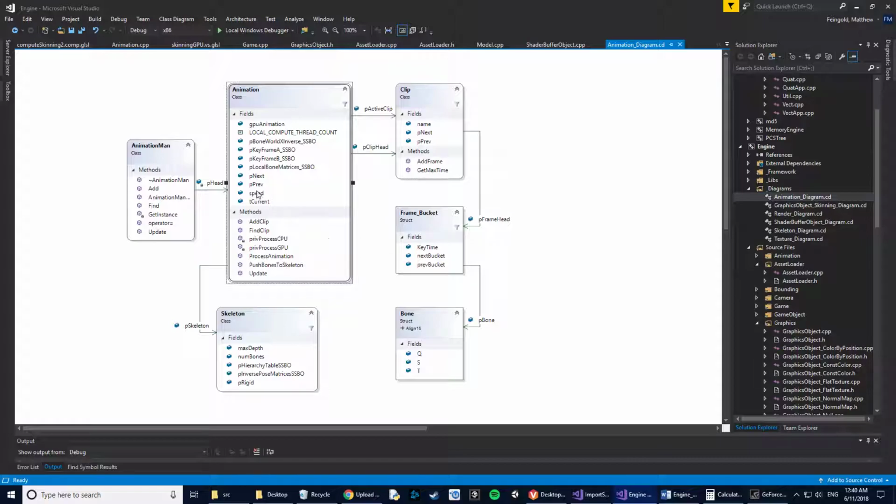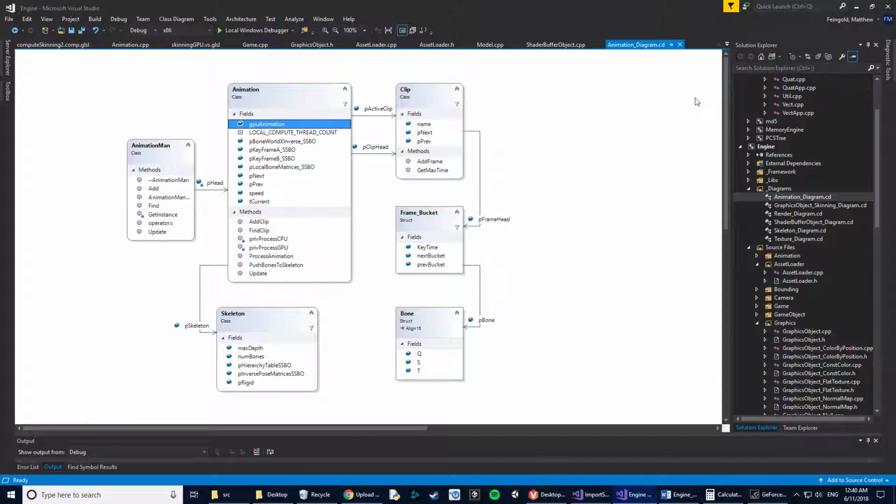What the animation update will do, I originally had it processing on the CPU, so I made another private function to keep the original functionality if I wanted to go back. And I set that with a Boolean to say if I want to do GPU or CPU processing.